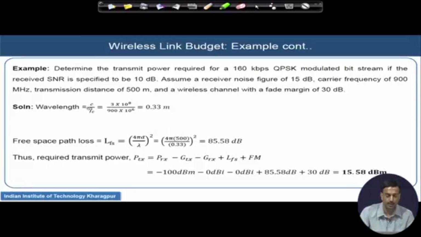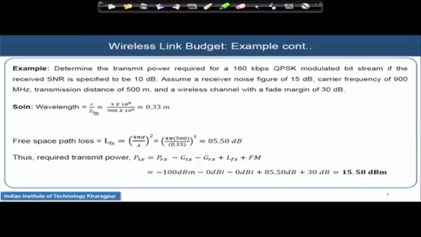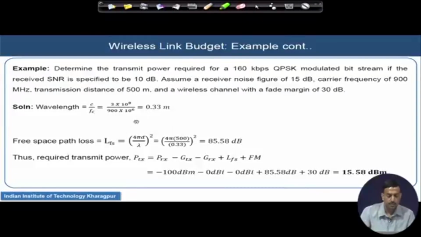So we calculate the wavelength using the formula c by fc, and it turns out that the wavelength is 0.33 meters, and we now invoke the definition for free space path loss and use this value of wavelength and the transmission distance of 500 meters in order to calculate the free space path loss, which turns out to be 85.58 dB in this case.